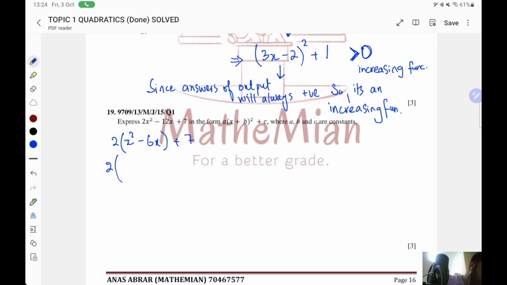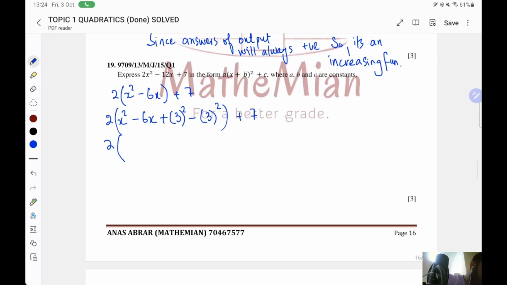So whatever is the coefficient of x in the bracket, you will add the half of the square of it and you will subtract this half of the square of it. And the first 3 terms, if you simplify the first 3 terms, they are going to change into a minus b whole square. Minus 3 square means 9 and 7 at the end.